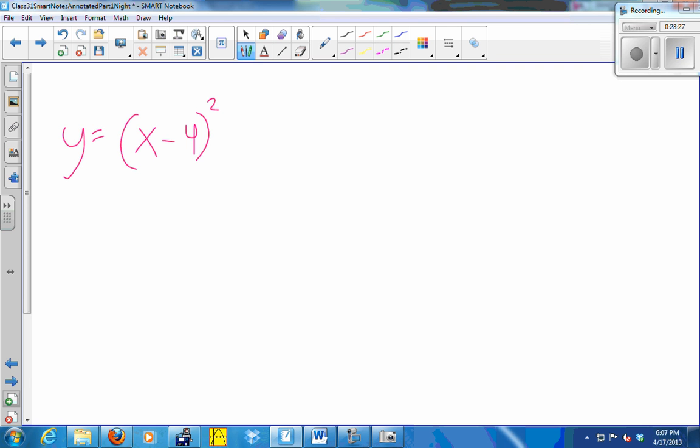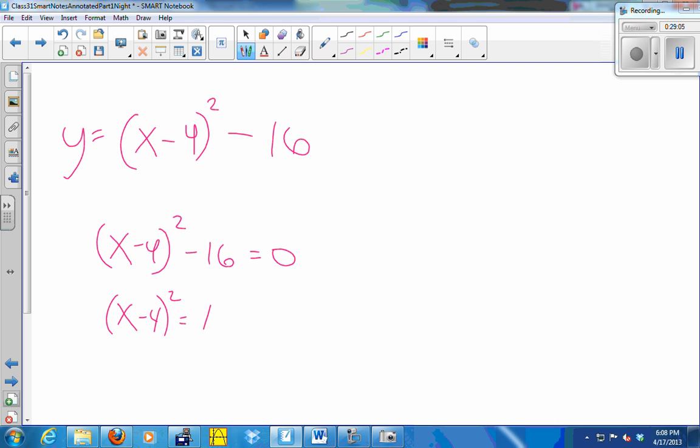Okay, so there's a function. Okay, so there's my function. How do I find its zeros in general? Set it to 0. Okay, so I have x minus 4 squared equals 16.